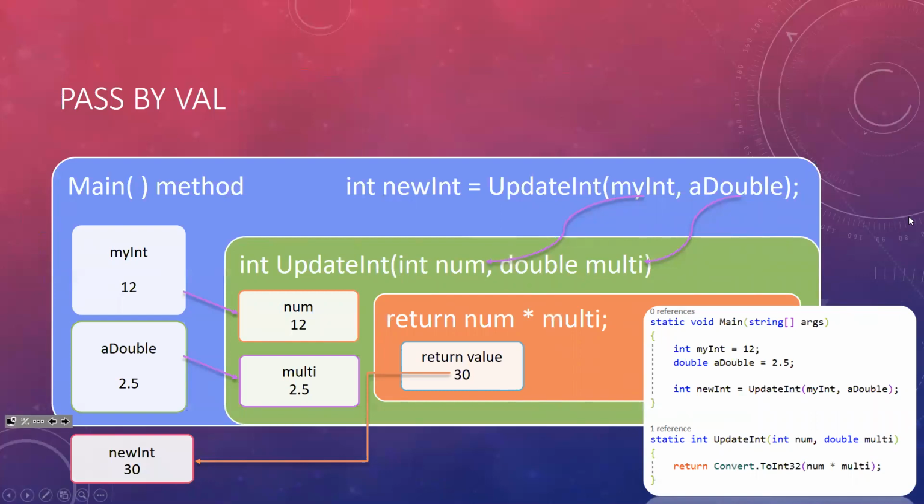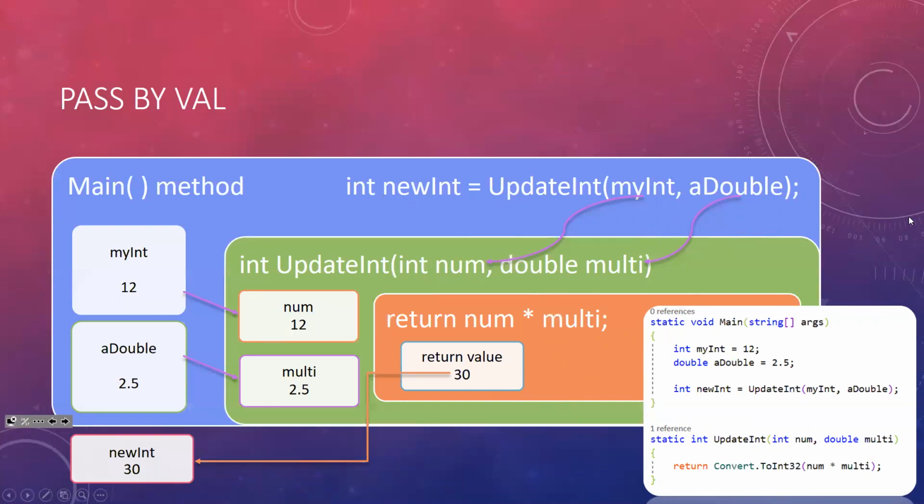So let's look at this main method here. It sets up an integer and a double, and then it creates a new integer to hold the value returned by this method update int. This method update int expects a parameter of an integer and a parameter of a double. So we use our integer and double variables to supply those parameters.